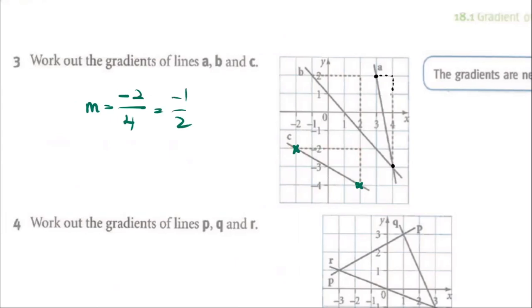This is when you use change in y over change in x. Okay, if you use the calculation method, just label your coordinates.